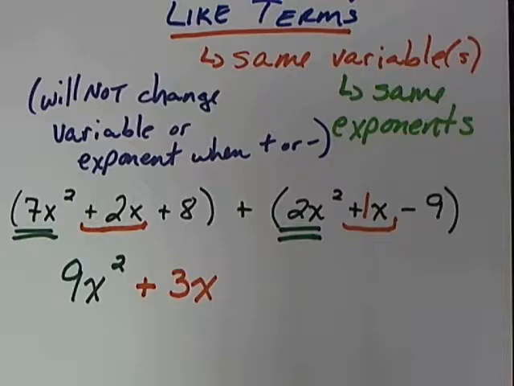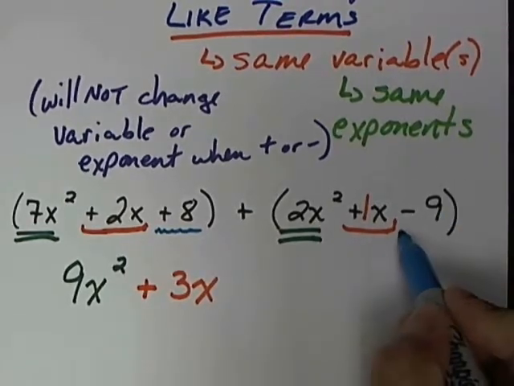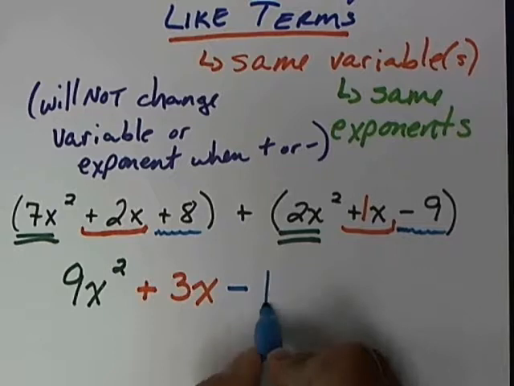Now we go to our next term. In decreasing order, since x doesn't go any smaller than that, we then look for the constant, that's our caboose. I have an 8 over here, and what's over here? Oh, remember, the sign in front of the term goes with the term, so that's a negative 9. What do I get when I add a positive 8 and a negative 9? 8 take away 9 gives me a negative 1.